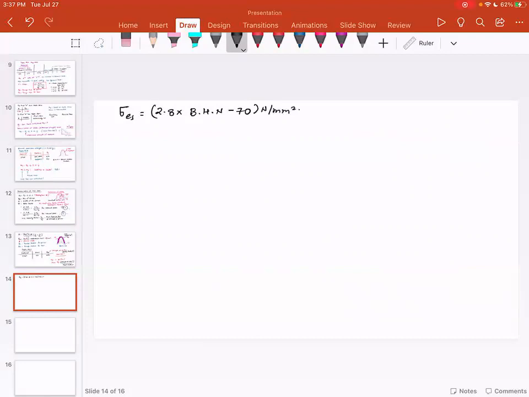So if you are given a steel that you don't know a property of, then you can use this equation and find out the value of sigma ES.